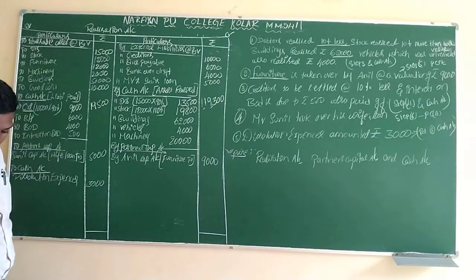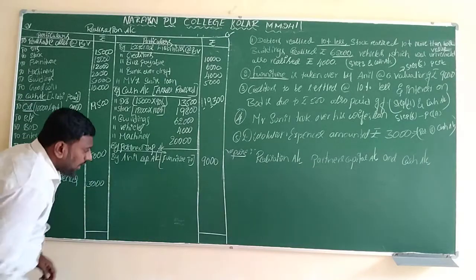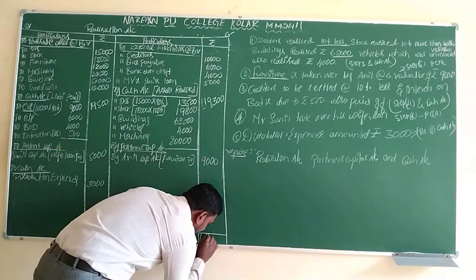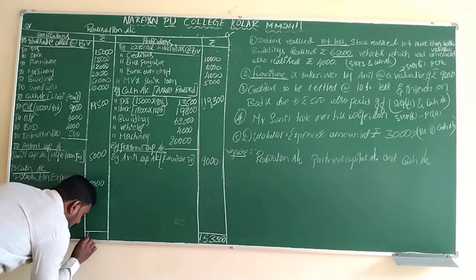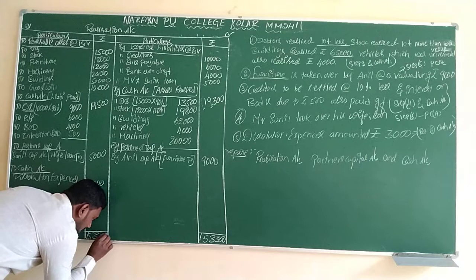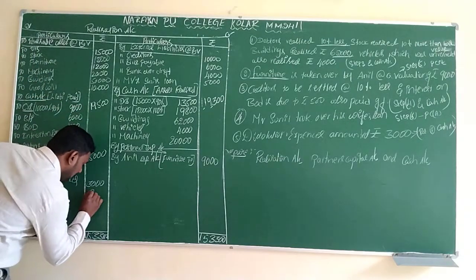The total value is 1,53,300. The same value we will write here also, 1,53,300. Out of this 1,53,300, deduct all the values, and we will get the difference. The difference is 800 rupees.